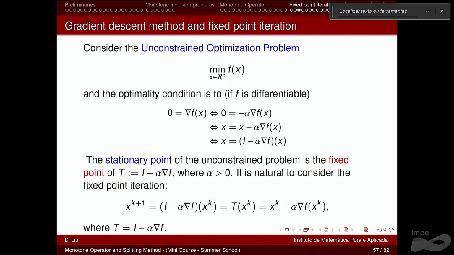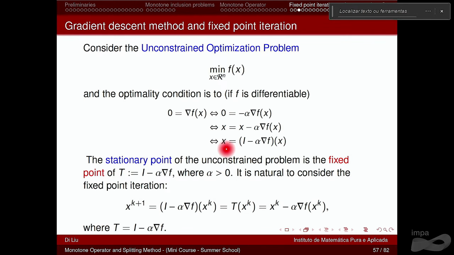Okay, let's go to the example. We have discussed the example before. We want to minimize an unconstrained problem, minimize function f such that x belongs to the whole space, and the optimality condition is that the gradient equals 0. Actually, here we assume that f is differentiable, okay?